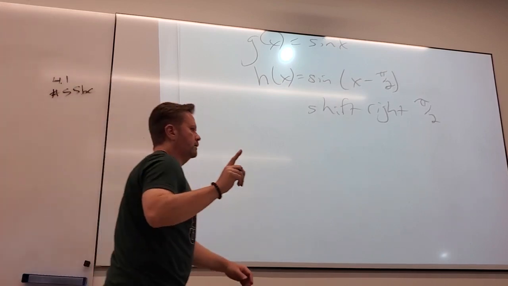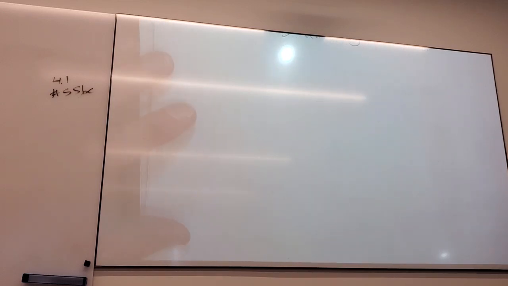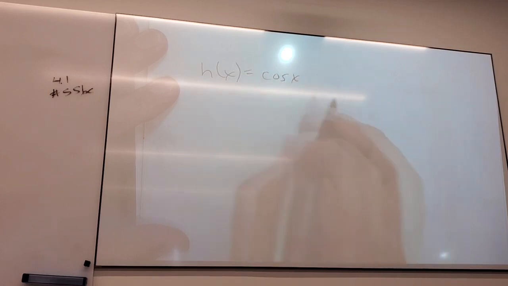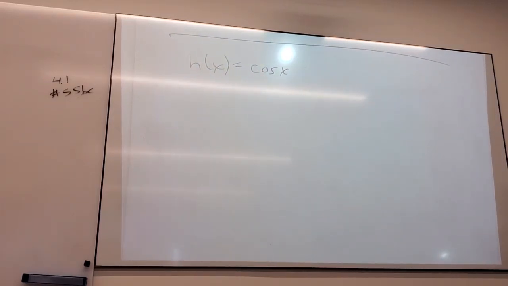So, what I want you to do, without saying anything, can you please graph cosine x? It doesn't have to be beautiful, but I want a clear scale. I want clear points. Everybody should be able to do this. Let me help you out just a little bit.